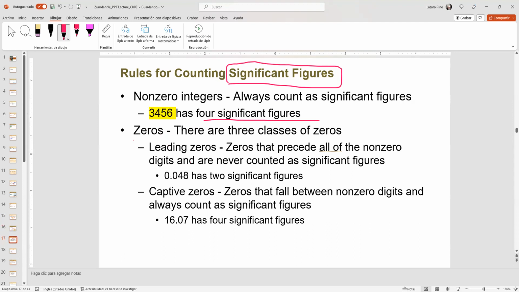But if you have zeros to the left, you say that these zeros are not significant. Then this number has only 2 significant figures. If you have zeros in between two numbers, you say that this zero is significant. So this number has 4 significant figures.